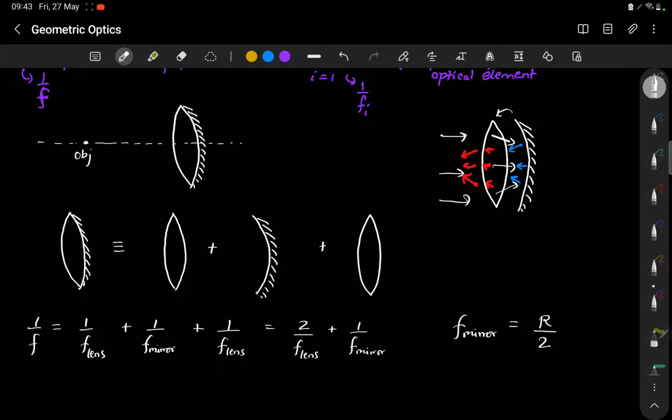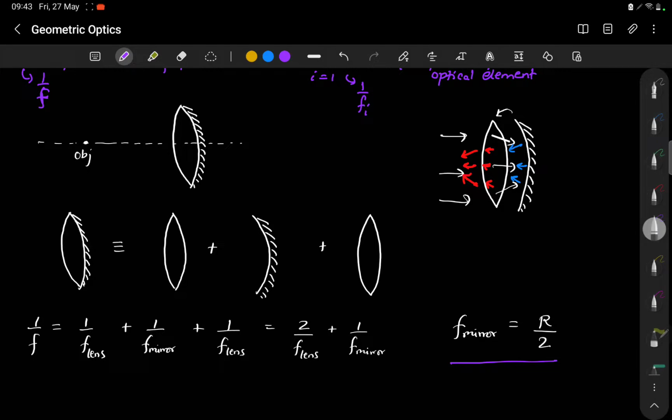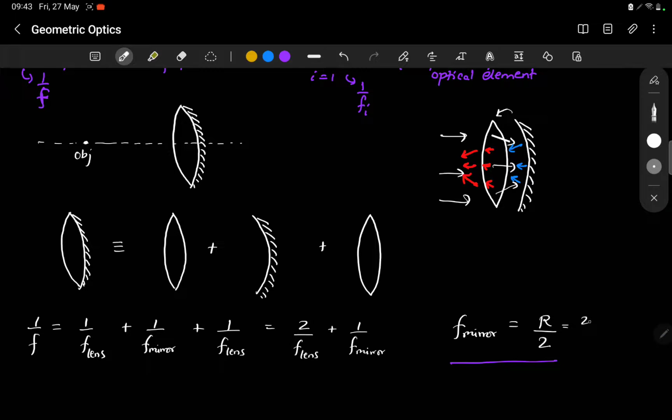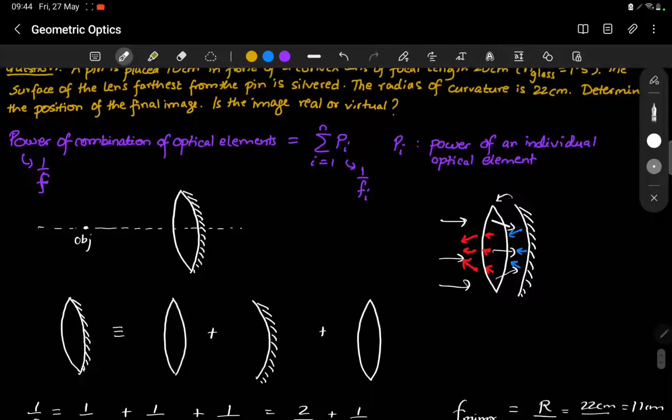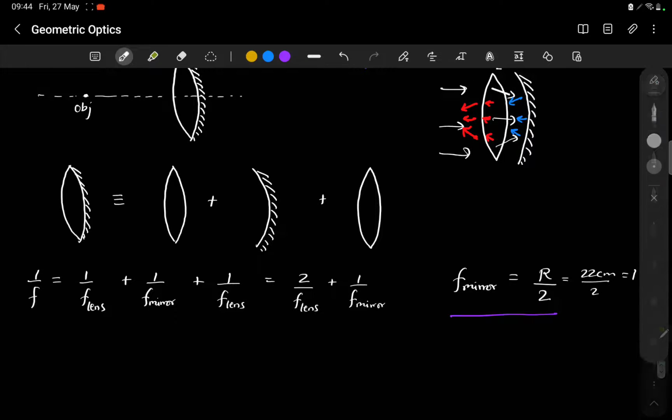This comes from paraxial approximation. So this is equal to 22 centimeters divided by 2, which is 11 centimeters. And the focal length of the lens we are given is 20 centimeters. So we can put in these numbers out here.